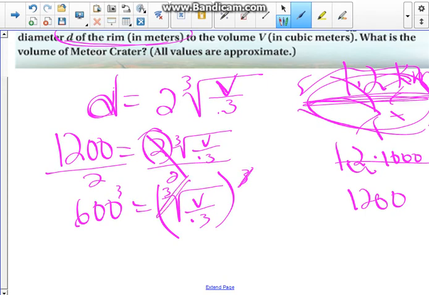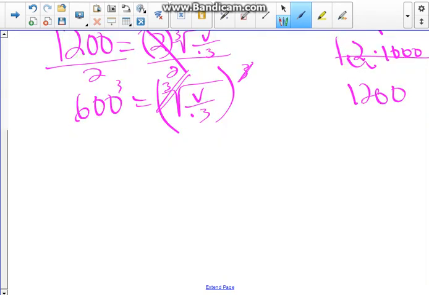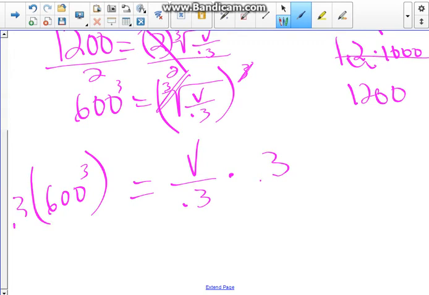And that goes away, and we're left with the volume divided by 0.3 equals the cubic root of 600. All right, and now multiply both sides by 0.3, and that clears that, and that's our answer.